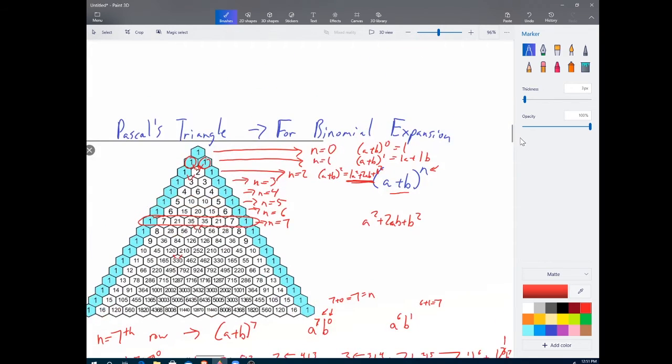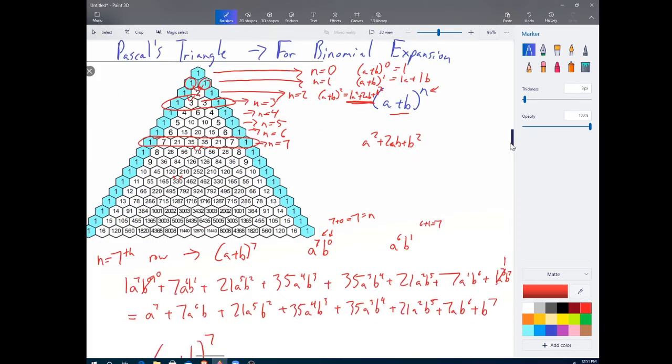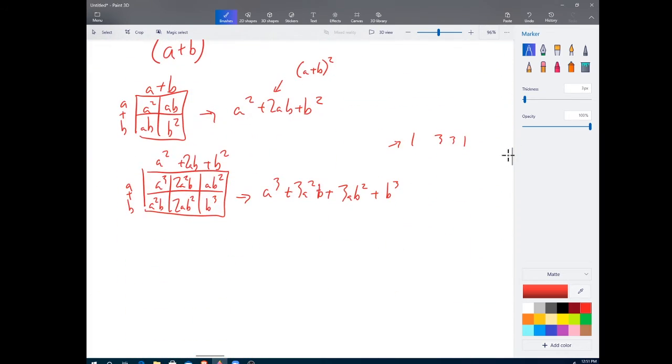Significant because my third row was 1, 3, 3, 1. And notice that I start with a cubed, and then I could put in a little invisible b to the 0. It doesn't change the problem at all because b to the 0 is still 1.